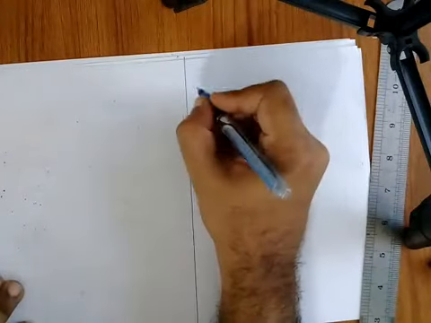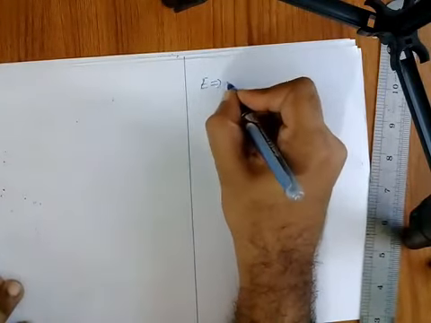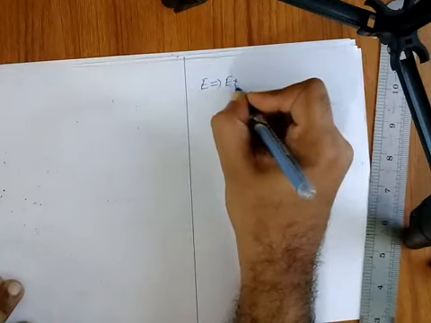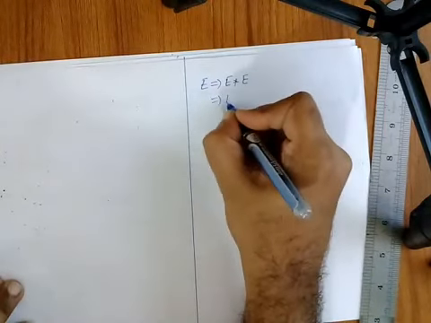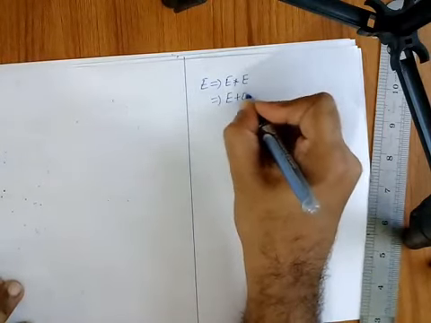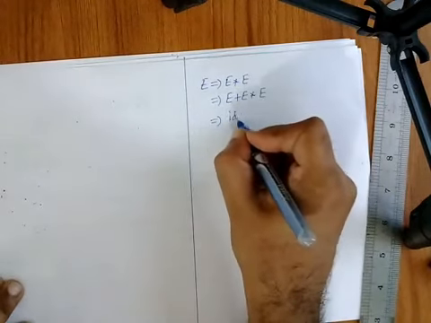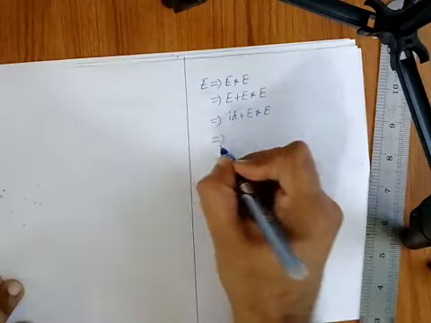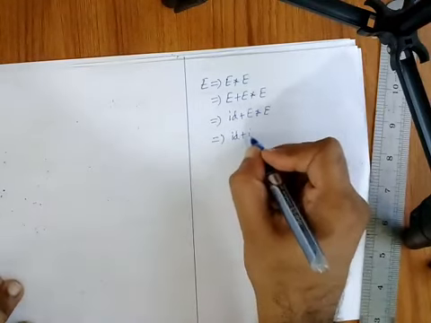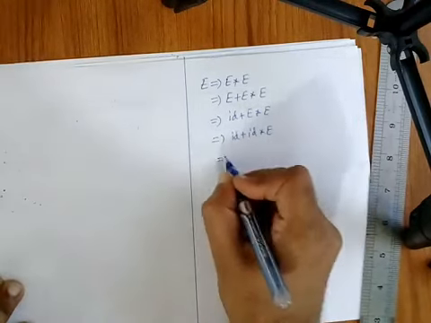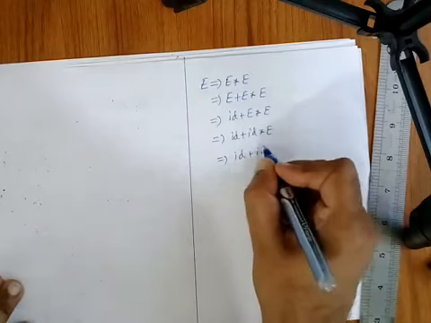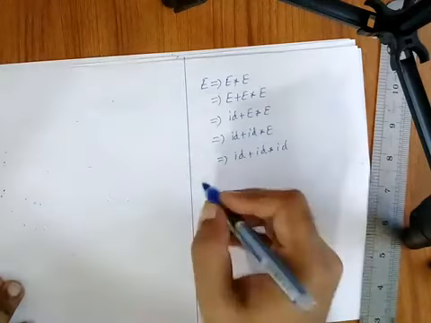E derives E star E, then we get E plus E star E, then ID plus E star E, then ID plus ID star E, then ID plus ID star ID. So what is the tree for this?